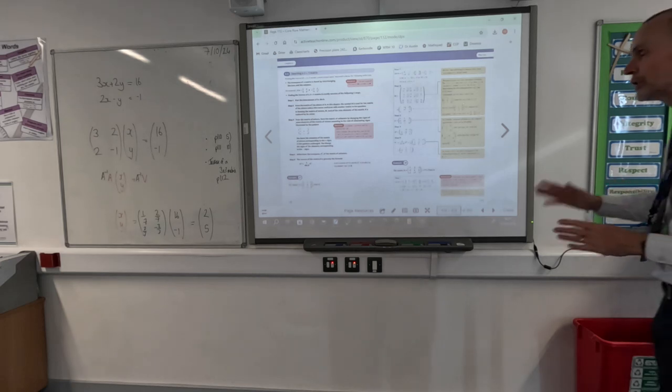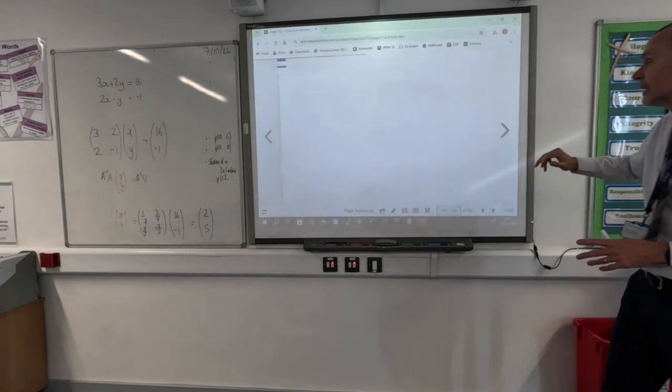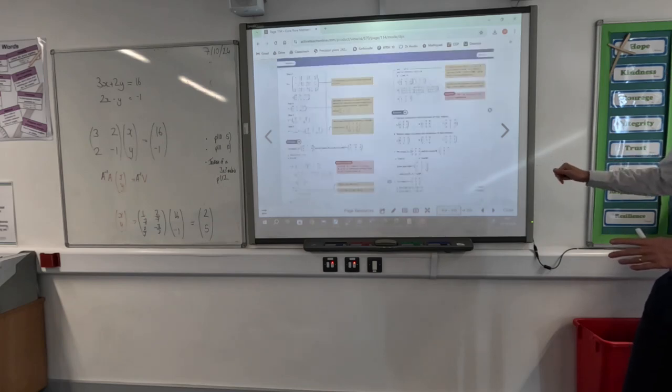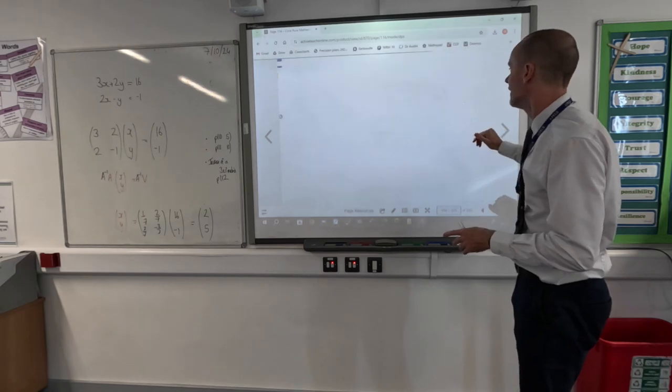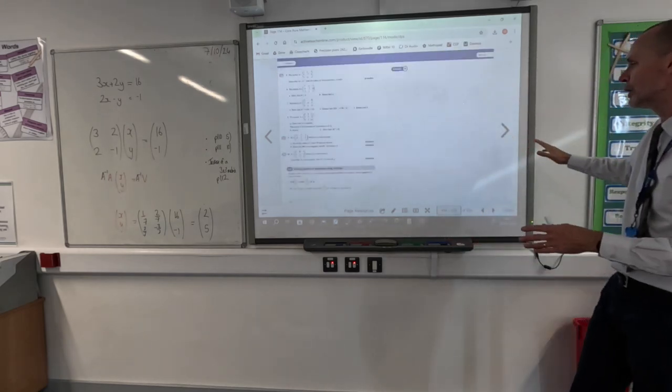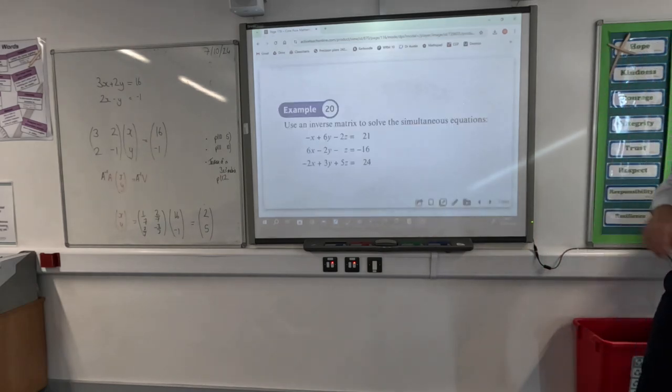And once we can do the inverse of a 3x3 matrix, we can do the last bit of this particular chunk of matrices, which is solving a set of equations which at the moment we can't solve. So this is where we want to go with this. At the moment, if you've got a system of equations like this one with 3 missing values, which requires 3 equations in order to solve it, we can't do it. I'm hoping that we can get to the point where we can do that using matrices.